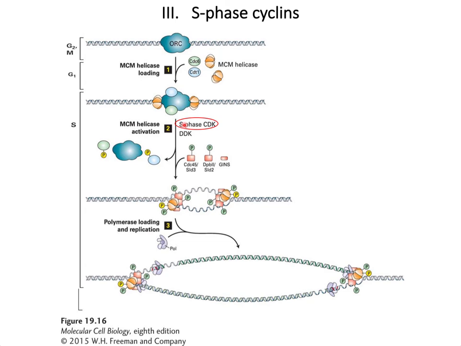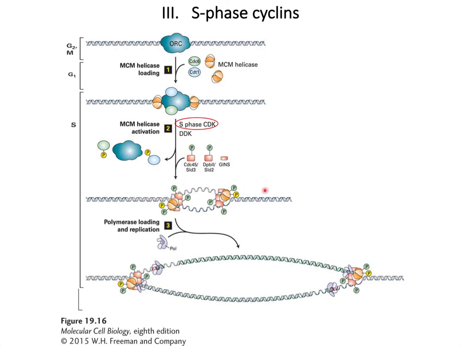Once you get an active S-phase cyclin, which is shown here in step 2, it will phosphorylate a number of proteins of the origin replication complex, here in blue. You can see that these yellow phosphate groups have been added. In some cases, this will cause a conformational change in the protein such that they fall off the replication origin, and you no longer have inhibition of that replication origin.